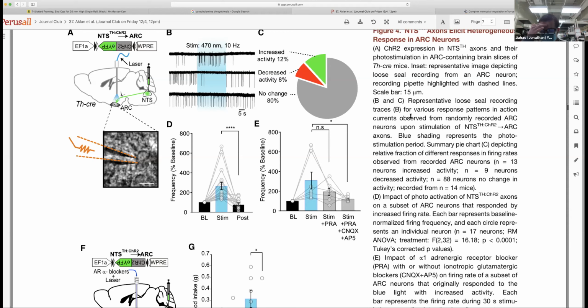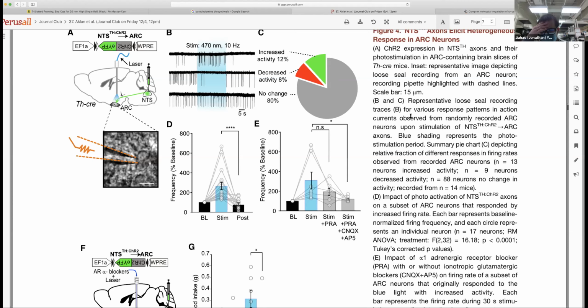And then E is a little bit more complex. They are adding different drugs, all those acronyms, targeting different membrane receptors. I don't know what PRA is. Oh, sorry, I do. In E, there is the alpha-1 adrenergic receptor blocker, probably because those receptors are expressed in the ARC neurons.